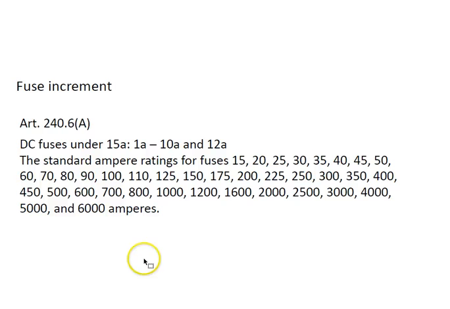It shows in Article 246A that this is the increment of overcurrent device available from manufacturers. So it shows 1 through 10 amps we have 1 amp increments, and then we have a 12 amp fuse, and then a 15 amp, 20 to 25, 30. So we'll always refer to this table when selecting overcurrent device. So a 15 amp would be the appropriate overcurrent device.